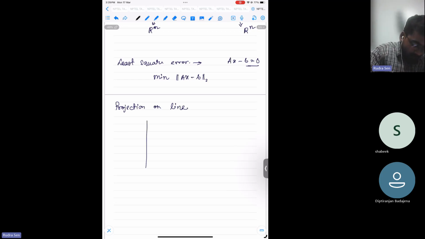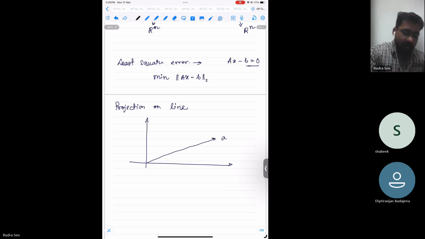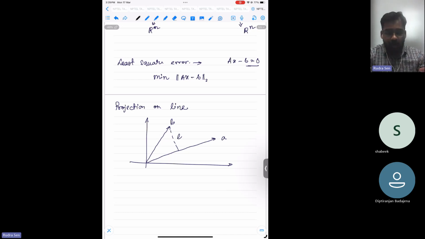We have something like this: this is line A, and we need to project b over here. So we draw a perpendicular and we need to minimize this error, this e, and this is the projection p. So when we project b on A, we get this vector small p, right?